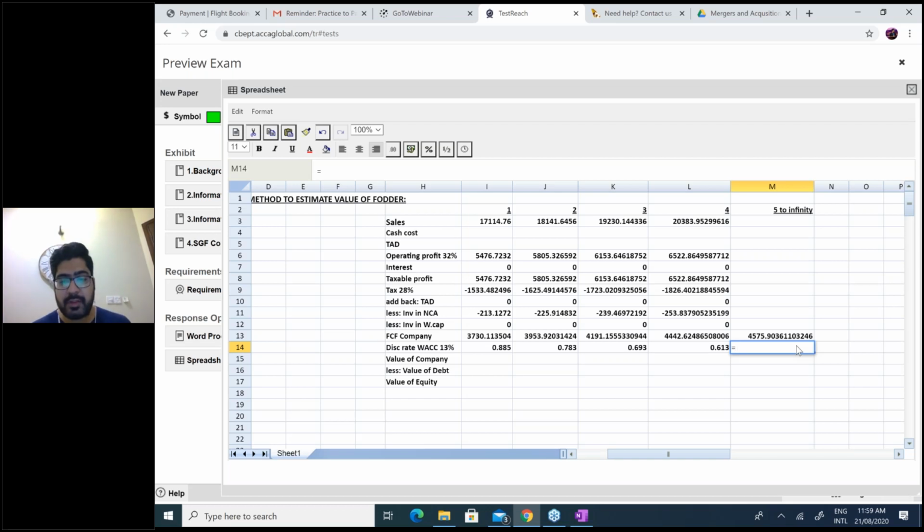What is the last discount factor? 0.613 over WACC minus growth rate. So what is WACC? 13%, minus what is the growth? 3%.